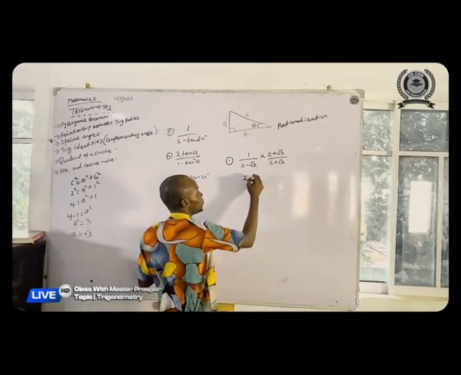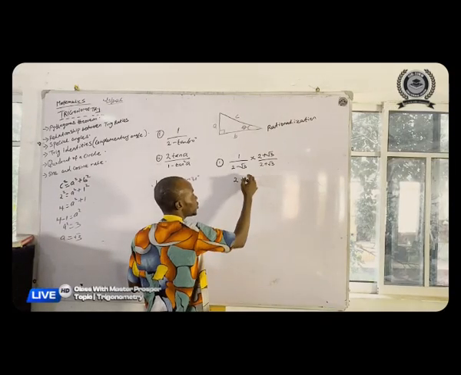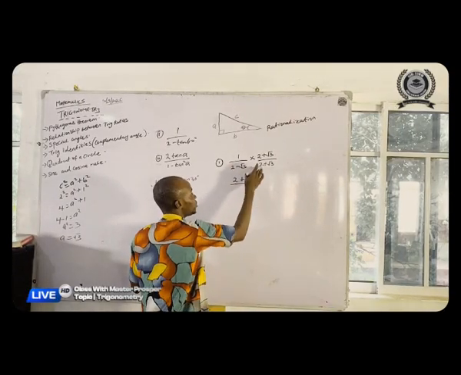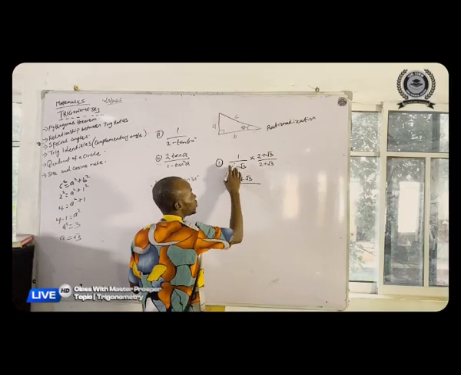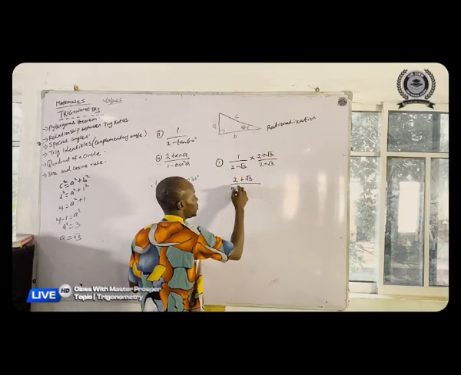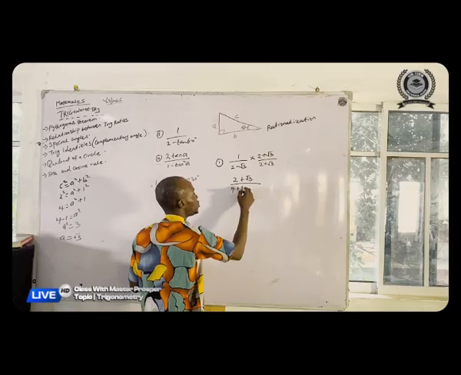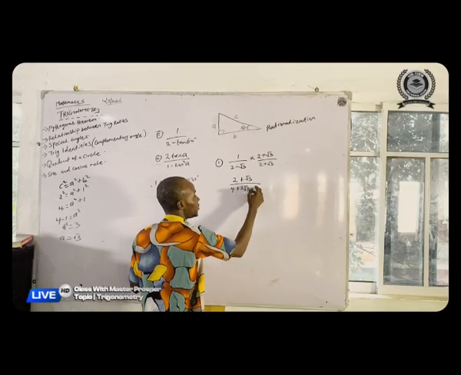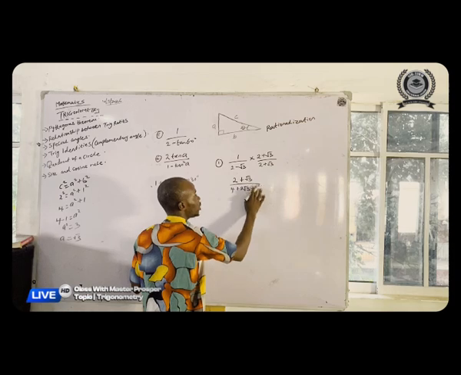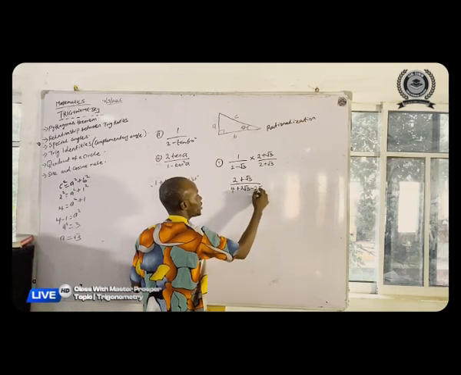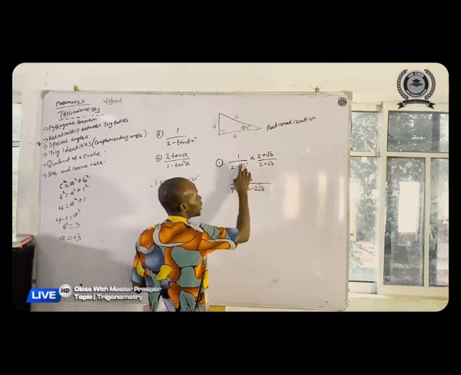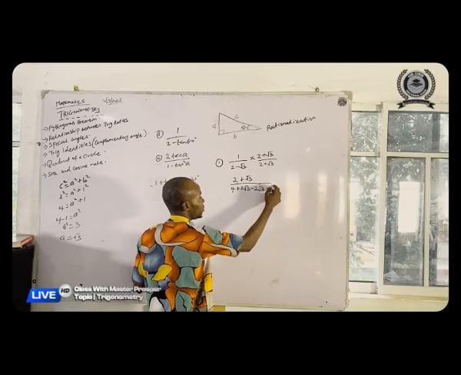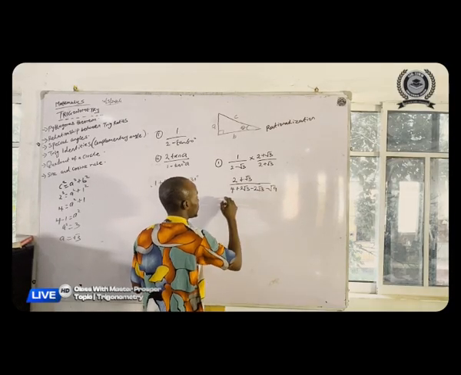2 plus 1 times root 3, so root 3 all over 2 times 2, 4. 2 times root 3 minus, plus 2 root 3. So root 3 times 2 is minus 2 root 3, and root 3 times root 3 is minus root 9.